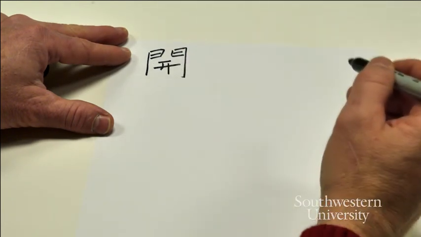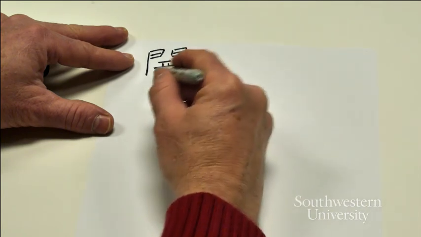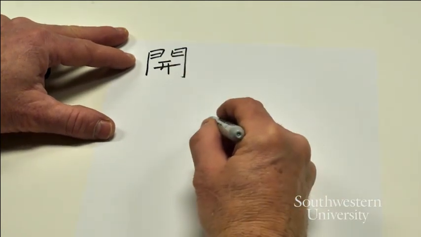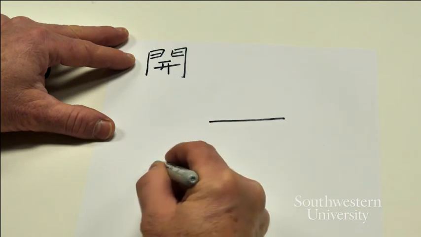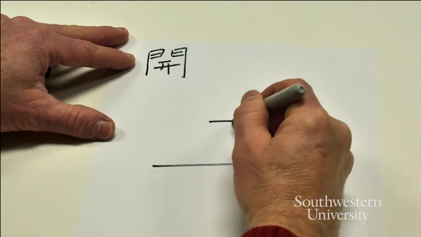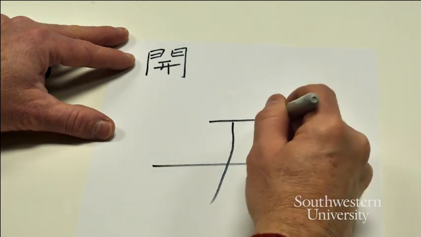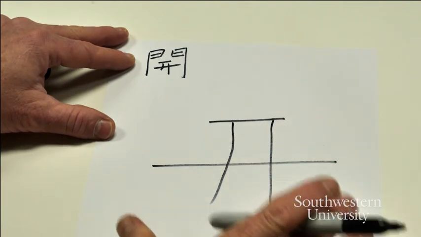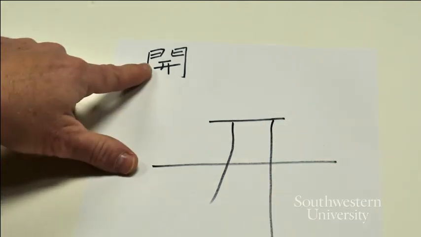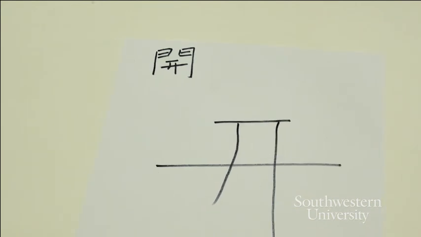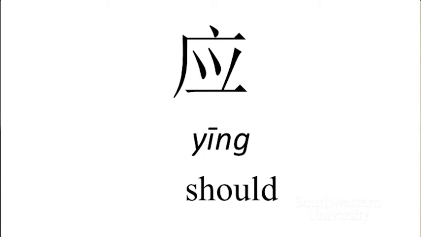But the doorway is taken away, so now you just have the bolt and the two hands. Originally it meant to open a door, but it can mean to drive, to start, to clean something, to clear it up like water. Kai shui. Kai lu, to clear the way. So kai has a lot of different meanings.